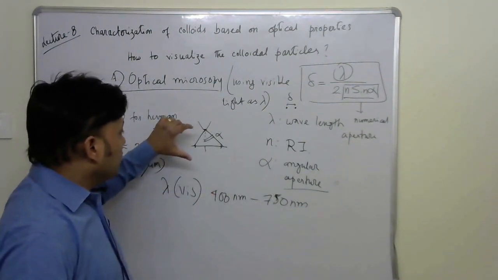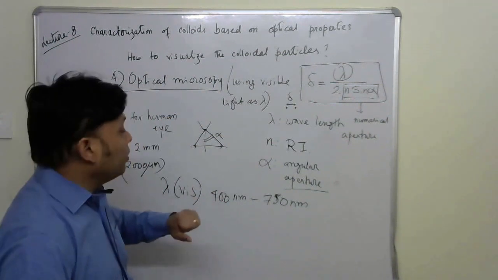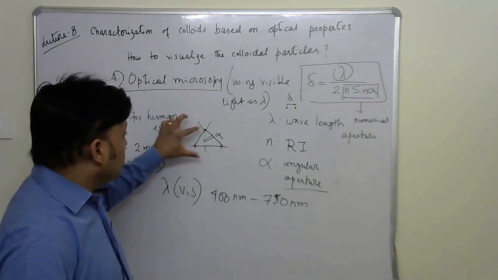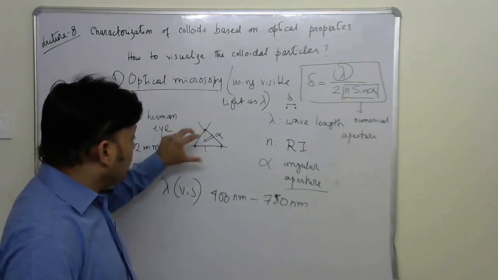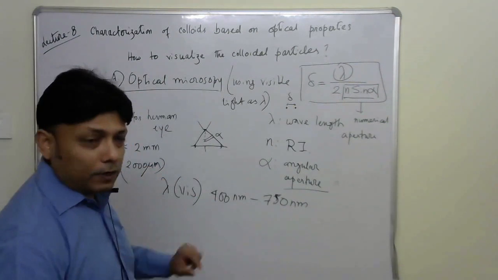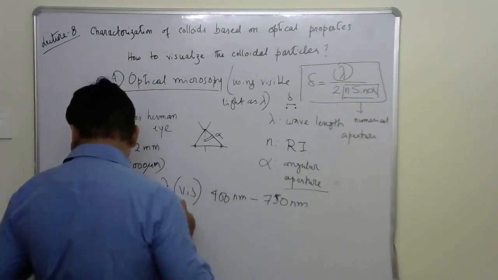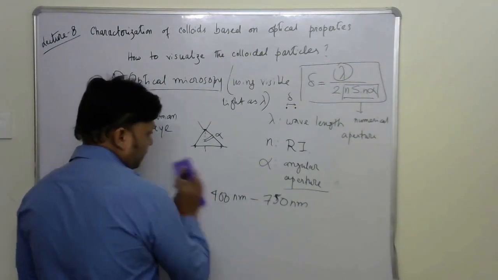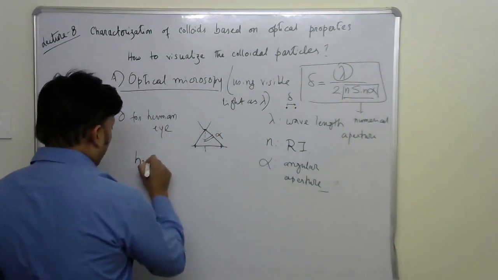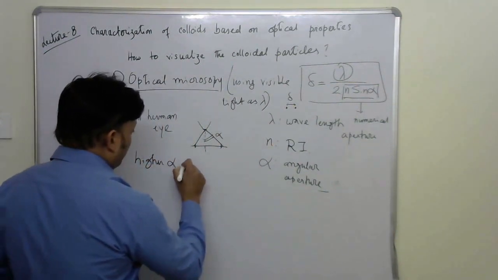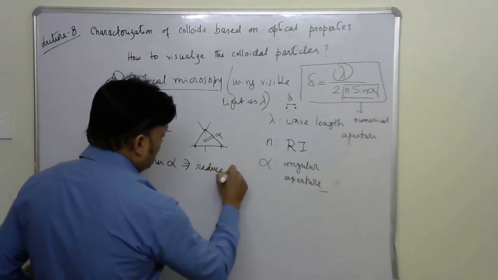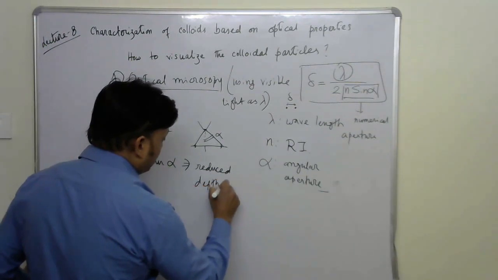because there is a question of how much you can focus, and not only that, if you increase your alpha too much, you would also lose the depth of field. So we can write that higher alpha means reduced depth of field.